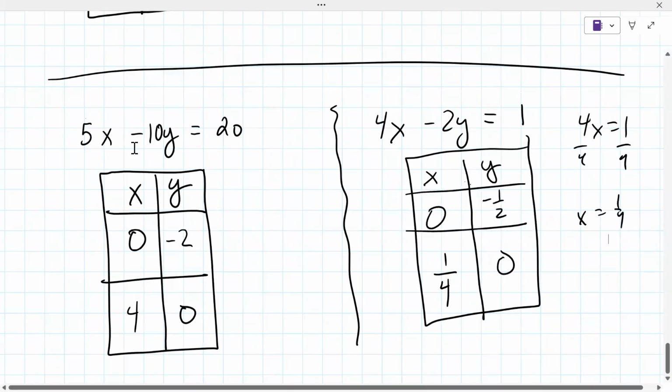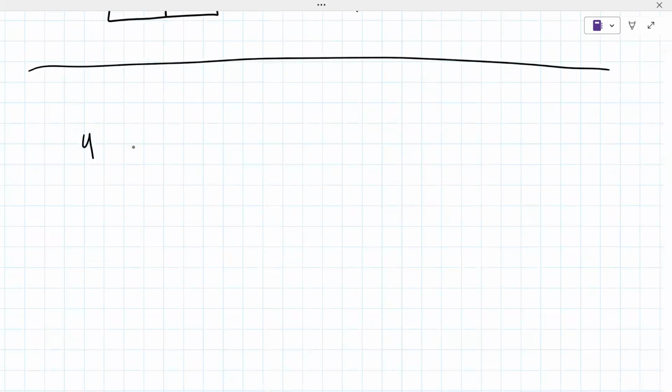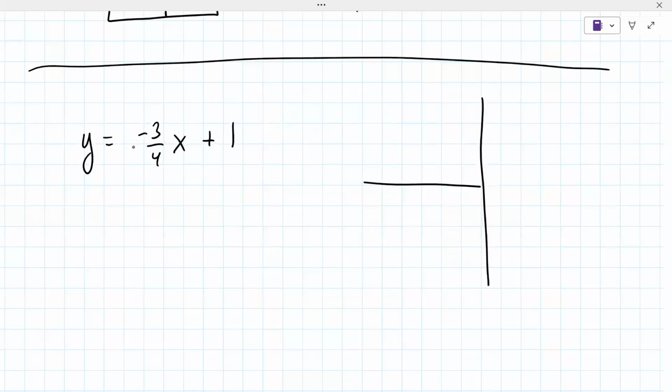All right. Let's do a couple more of these graphs. Y equals -3/4 x plus 1. Could you make a quick sketch of that?